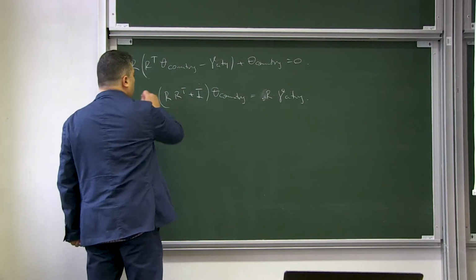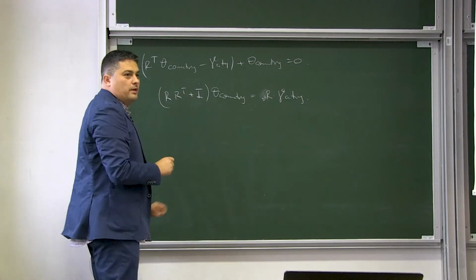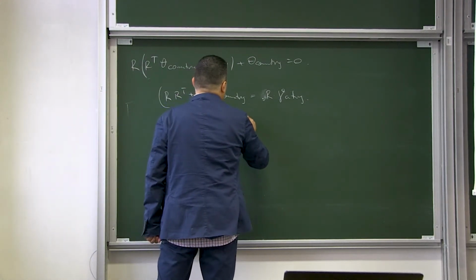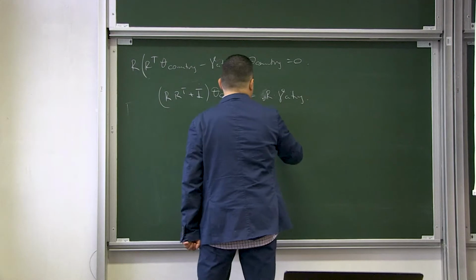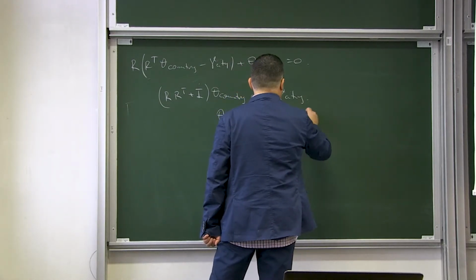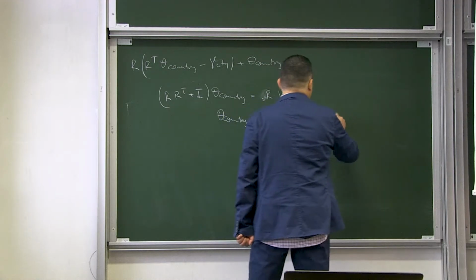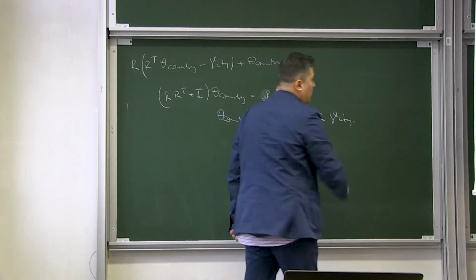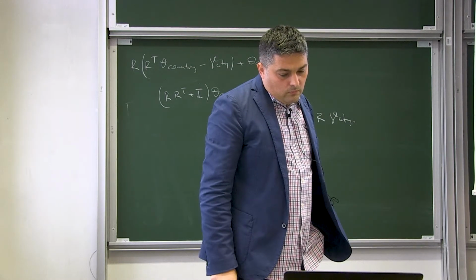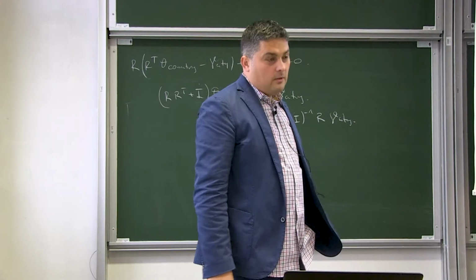So if I multiply with the inverse, then this inverse times this will be identity. So then I get theta country equals R transposed plus I to the minus 1 R gamma city. Is this what I got there? Yes.